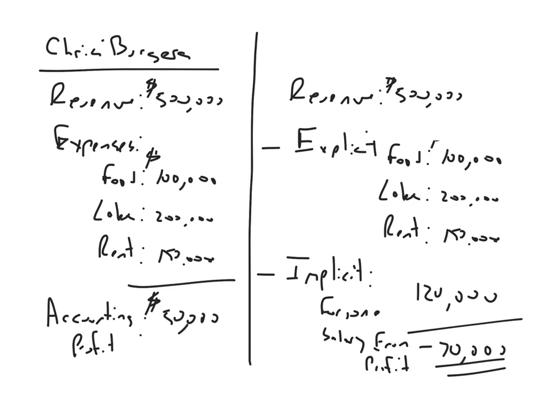Only when my economic profit is positive do I see wealth increasing. So in this case, Chris's Burgers was a bad decision. I should have stuck with my previous job, earned $120,000. So again, two ways to measure profit, one from an accounting standpoint, the other from an economic standpoint.